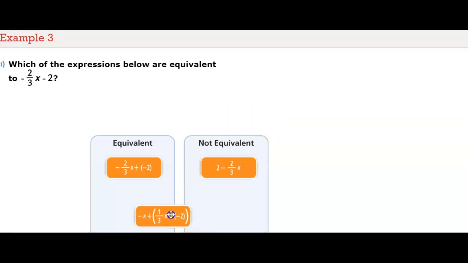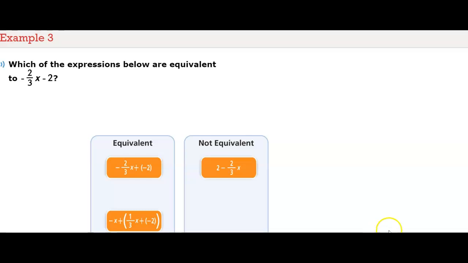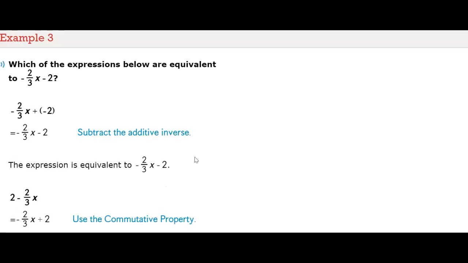Let's see about this one. There we go. And so it is negative x plus parentheses 1/3 times x plus negative 2 end parentheses. So they show us here negative 2/3 times x plus negative 2.